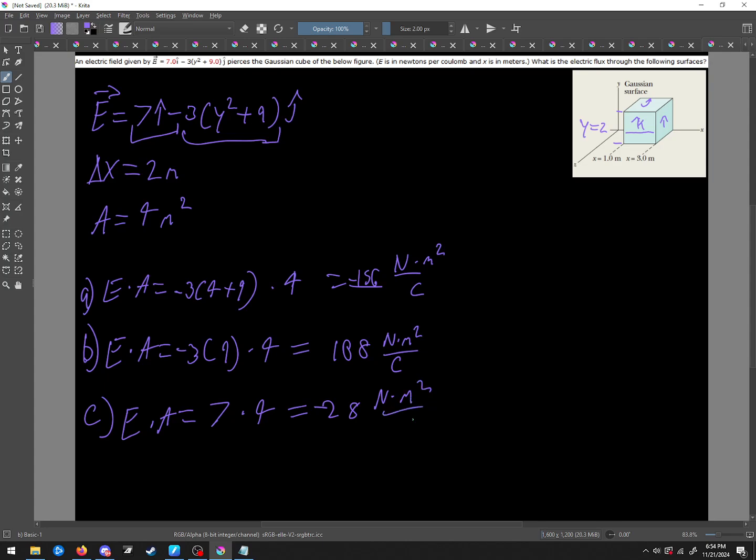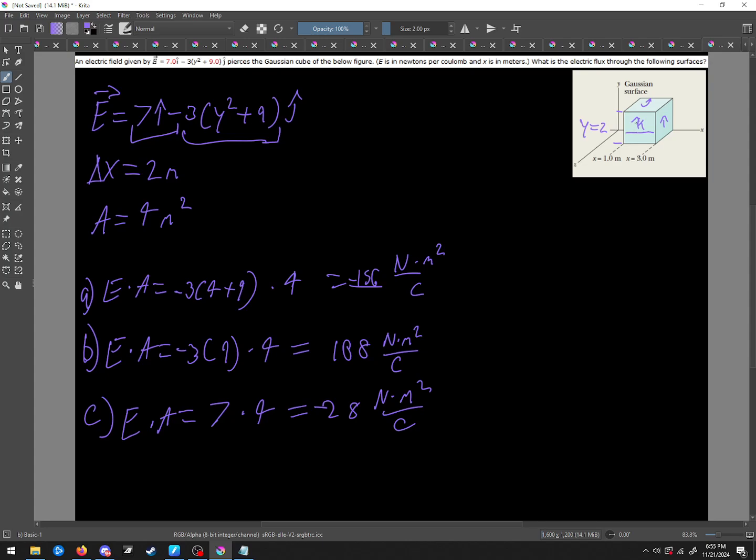Newton meters squared per coulomb. And the back face, which is right there. So we did the front at some point, right? Top, left, right. We didn't do the front. Top, bottom, and left.